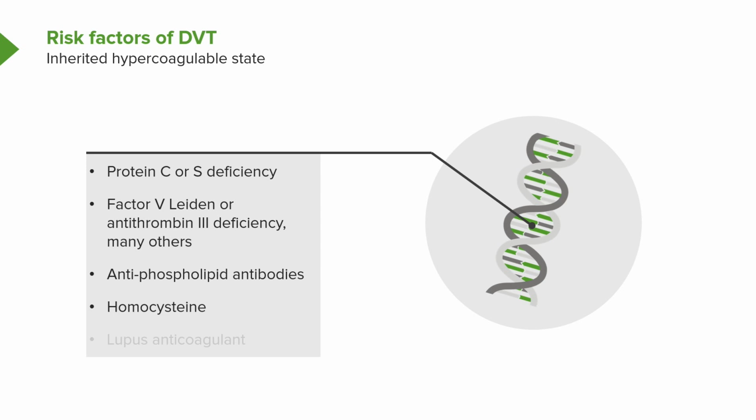Some patients are born with a very high level of an amino acid, homocysteine, that increases the tendency for clotting. And again, some patients with lupus will actually have a protein that activates the clotting system, the antiphospholipid antibody. Some patients will have elevated antiphospholipid antibodies without having lupus.